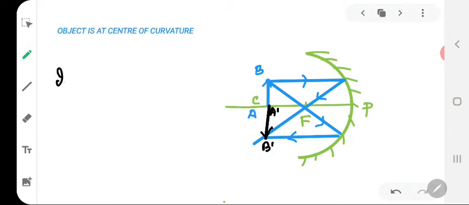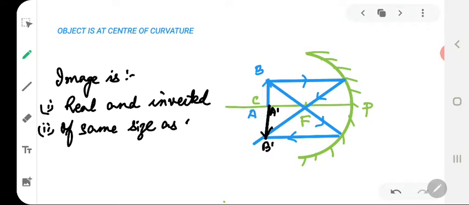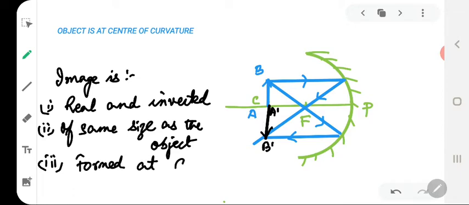So the image is real and inverted, of same size as the object, and it is formed at the center of curvature. So these are the properties of the image.